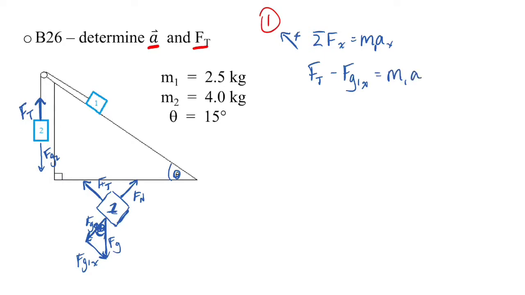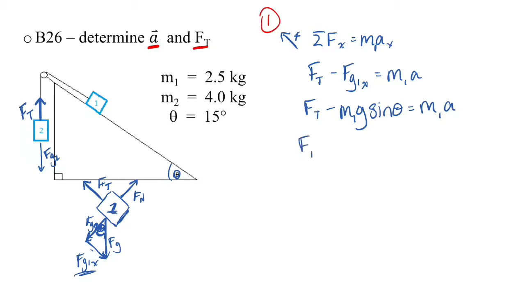Okay, so that is equal to mass 1 times acceleration. So what can I do here? I know force of gravity for 1 in the x direction. Well, force of gravity is m1 times g. X direction, it's on the opposite side of the triangle, so that is going to be times sine of the angle equals m1a.